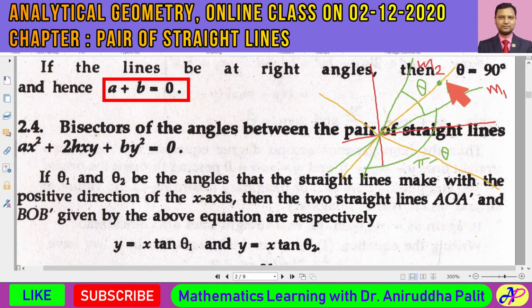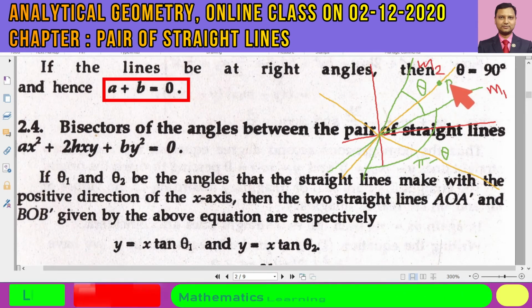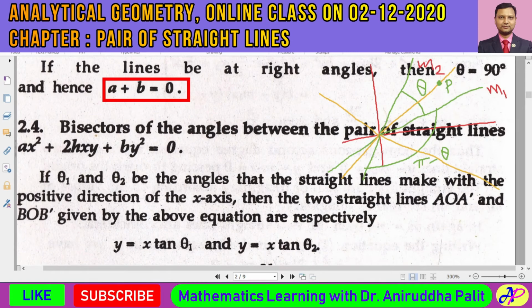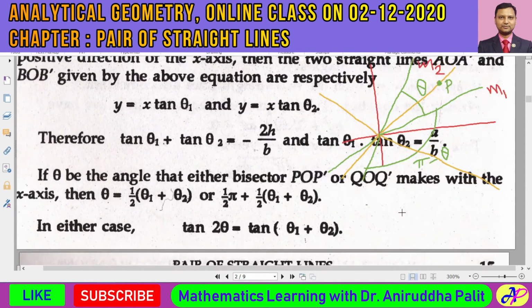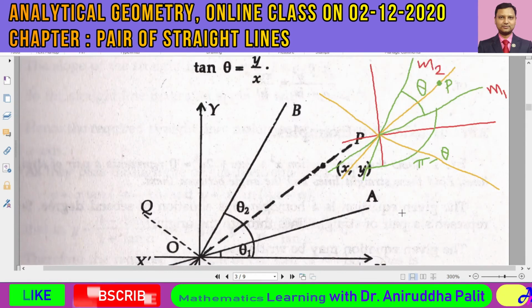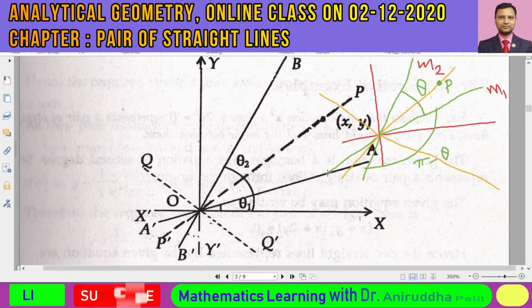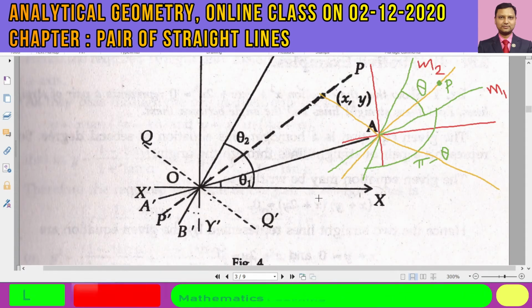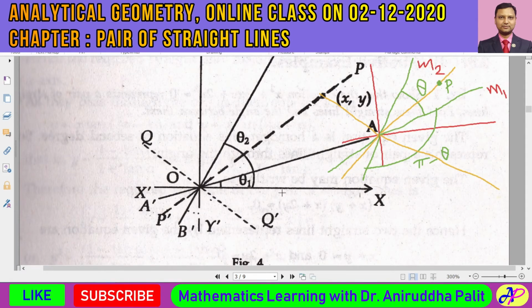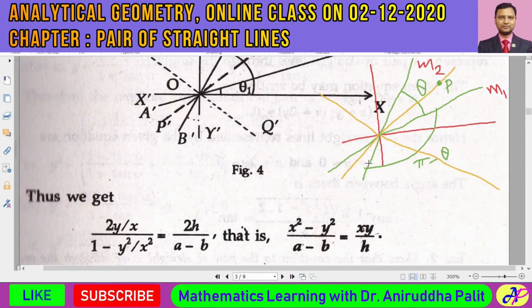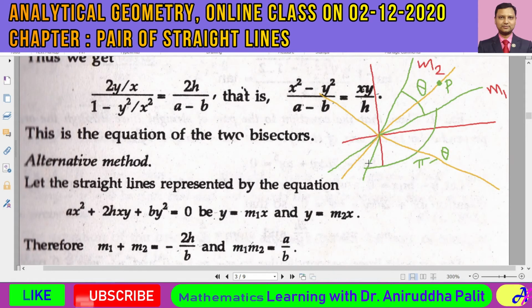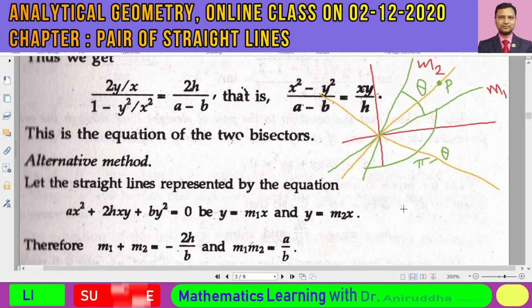Let us consider a point, maybe P. Yes, they have taken this point as the point P. So my picture is exactly very similar to this picture, and now I am considering this alternative approach.